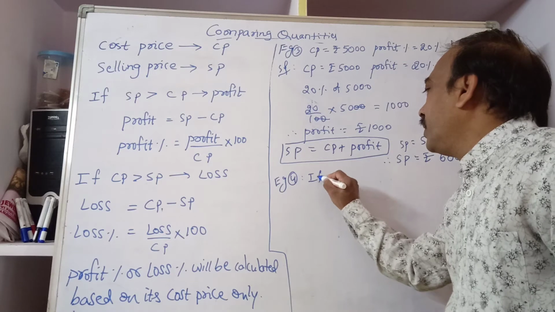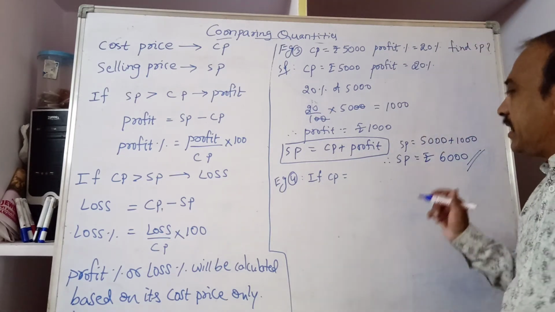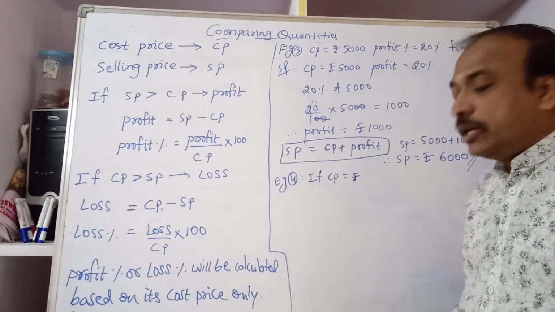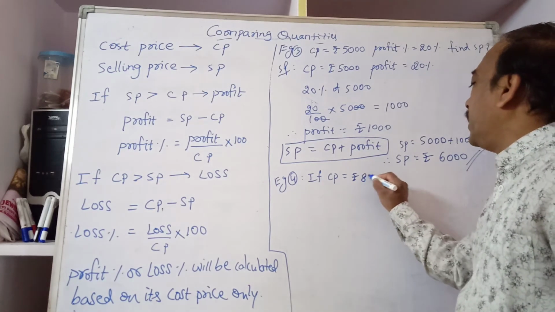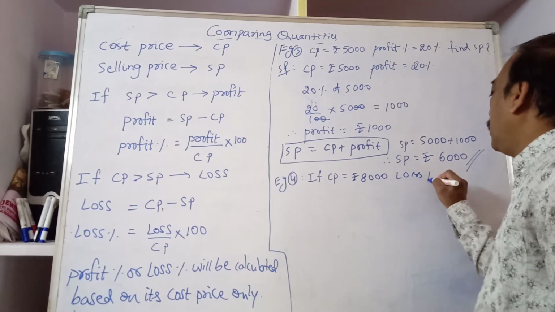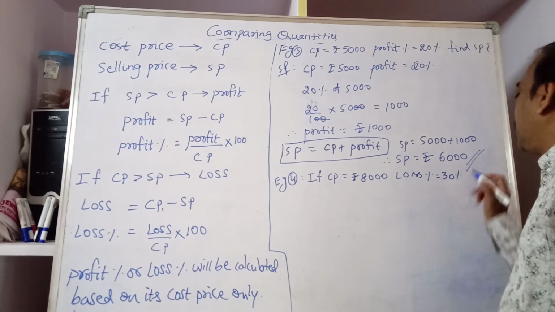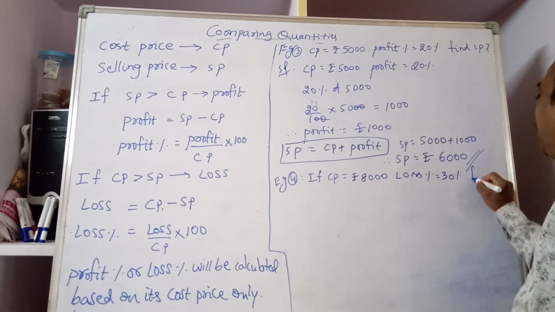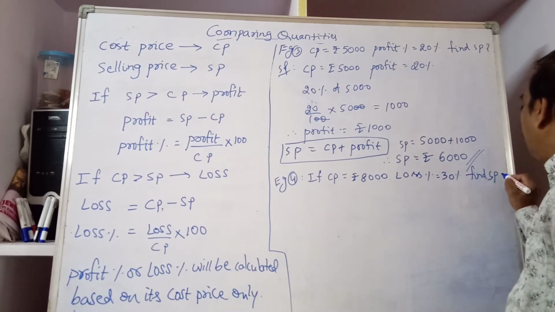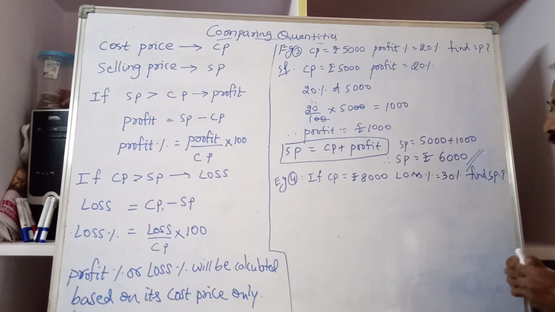If CP is equal to rupees 8,000 and loss percent is equal to 30%. Find SP. Observe it. Find SP. Selling price you have to find out.